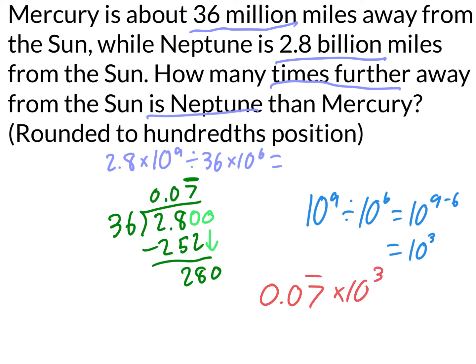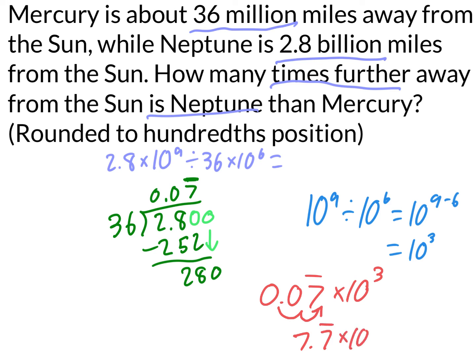Keep in mind, this is not proper scientific notation, so let's change it. In order to do this, we will need to move our decimal 2 places to the right. Since we are making our coefficient bigger, we will need to make our power smaller.